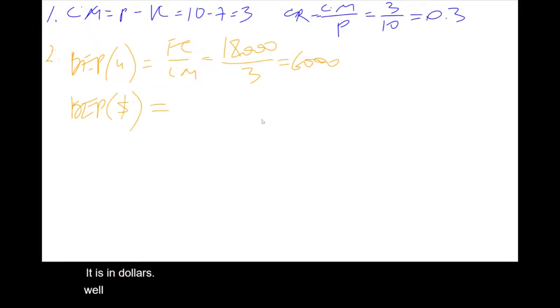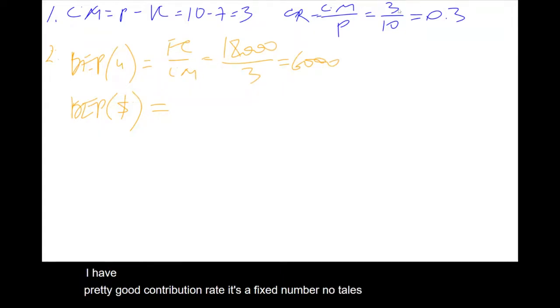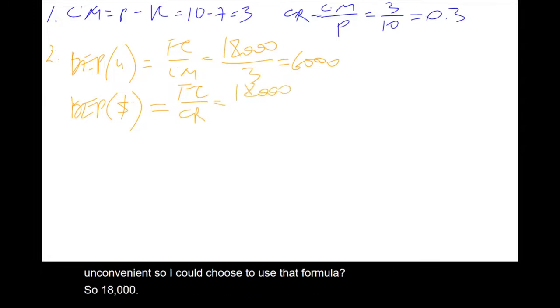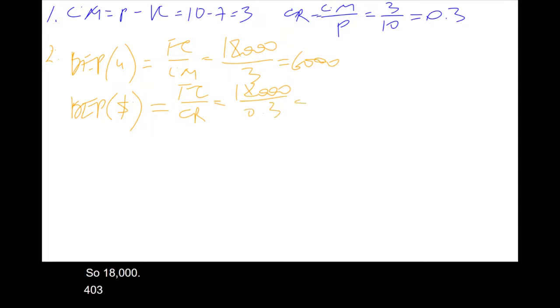For dollars, I have a pretty good contribution rate. It's a fixed number, no tails, nothing inconvenient, so I could choose to use that formula. So 18,000 over 0.3, it is what? $60,000.